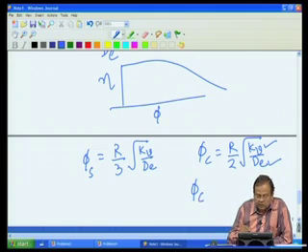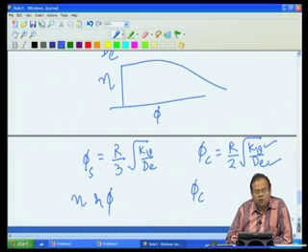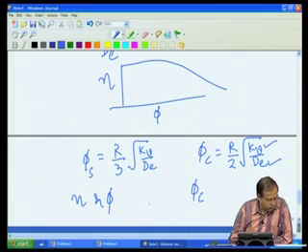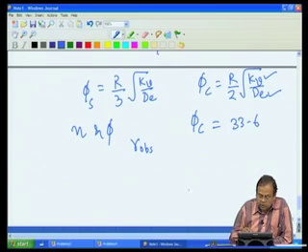So, I know phi c, and I know the relationship between eta and phi for a sphere, which I will assume also applies to a cylinder, because we had seen this. So, from that we will get the observed rate. First of all, we will get phi c, which works out to be about 33.6. So, at this phi c, eta of phi is roughly 0.029.